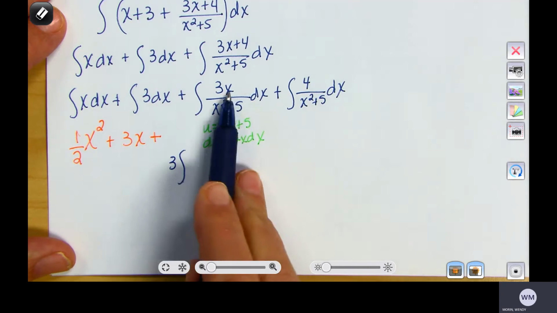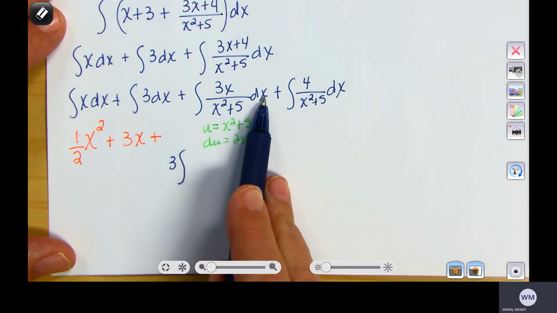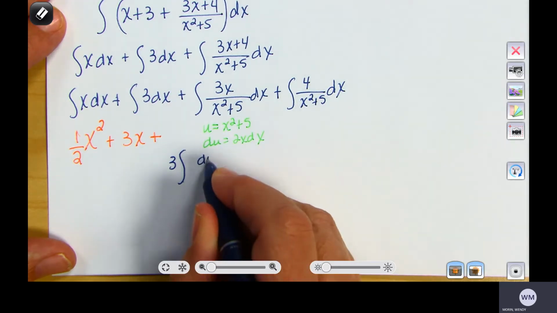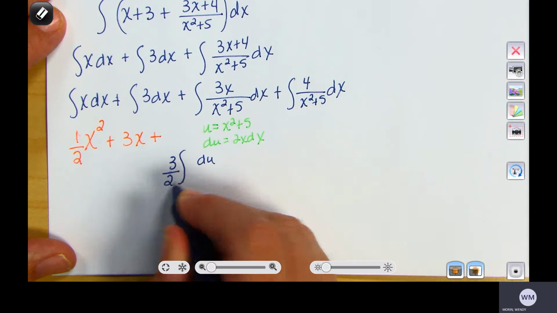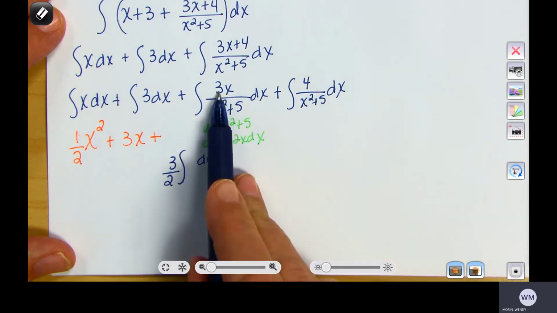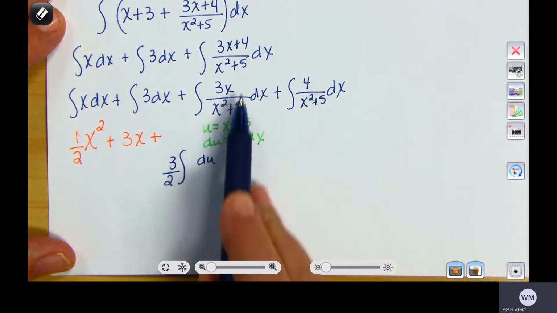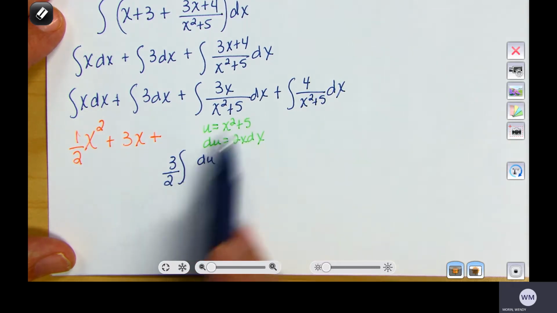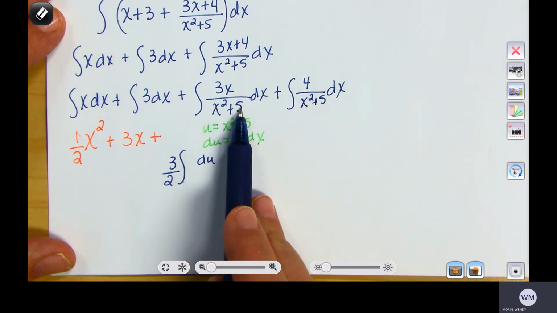Okay. So now x dx. What is x dx? It's du divided by 2. So I took care of the 3. I took care of the x dx. Now x squared plus 5.